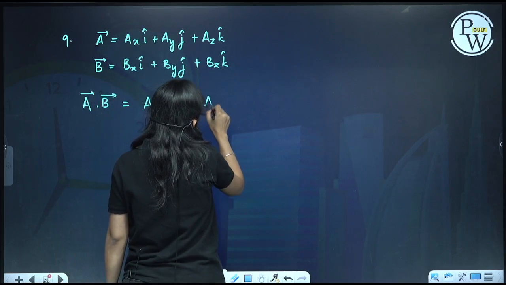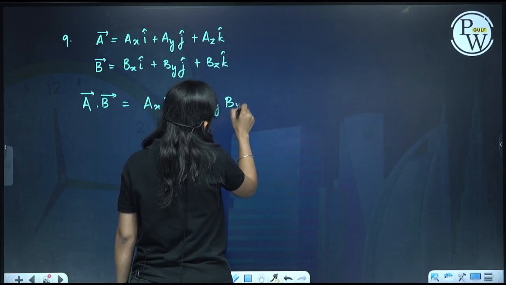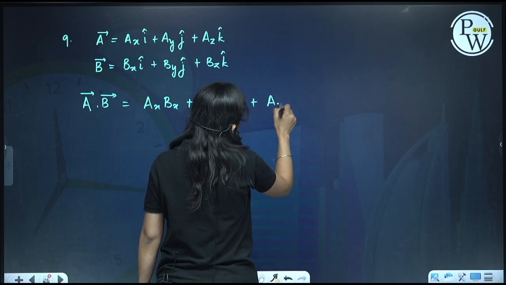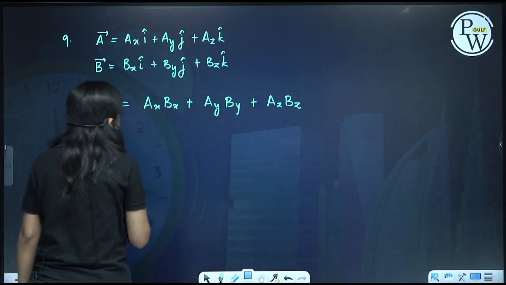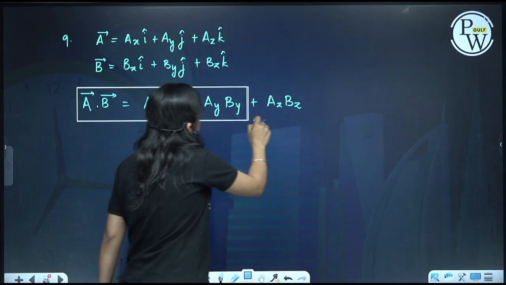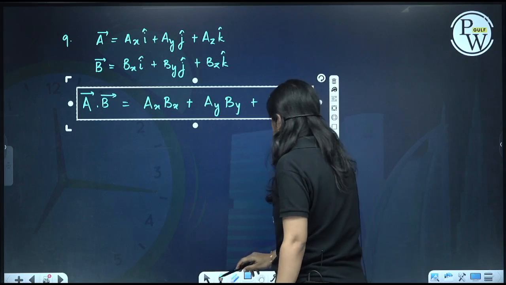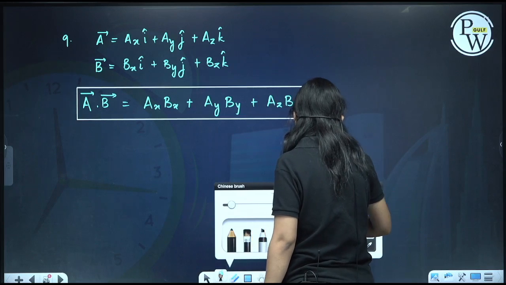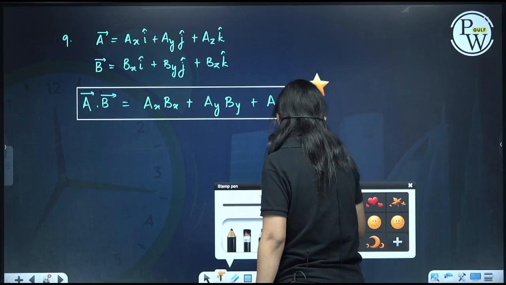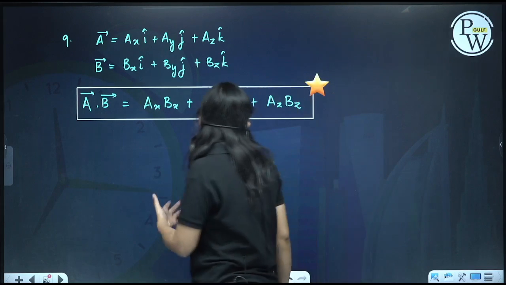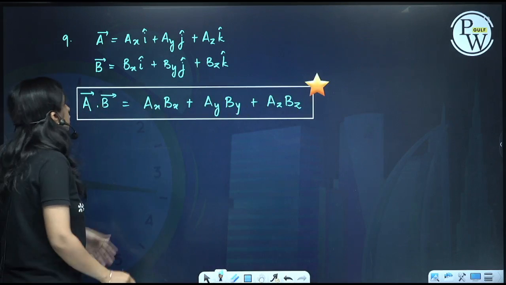Similarly, only the components of the same direction survive, the rest will become 0. So A dot B is equal to AxBx plus AyBy plus AzBz. Very important. This is my A dot B in Cartesian form.